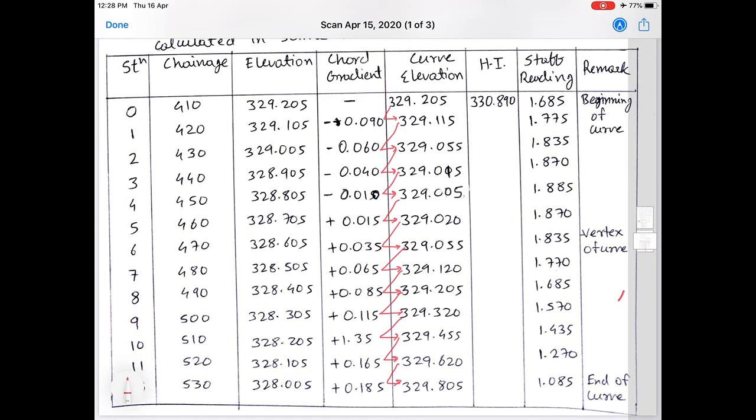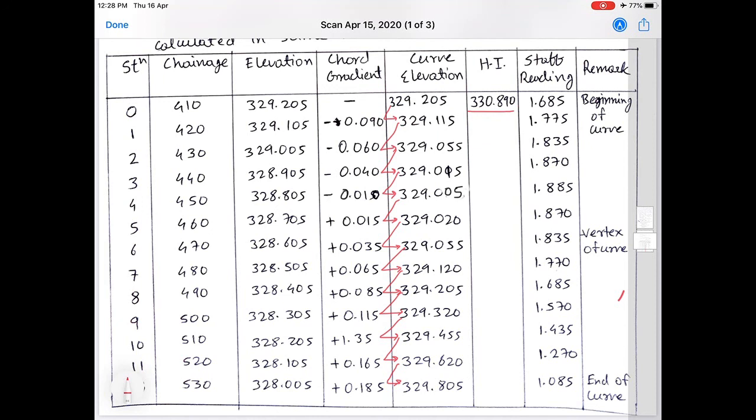But in this example we have to find out staff readings. Now to establish staff reading, we have the height of collimation from where we are observing each point. So height of collimation is the same because from a single point we are observing all the station points, that is 330.890.